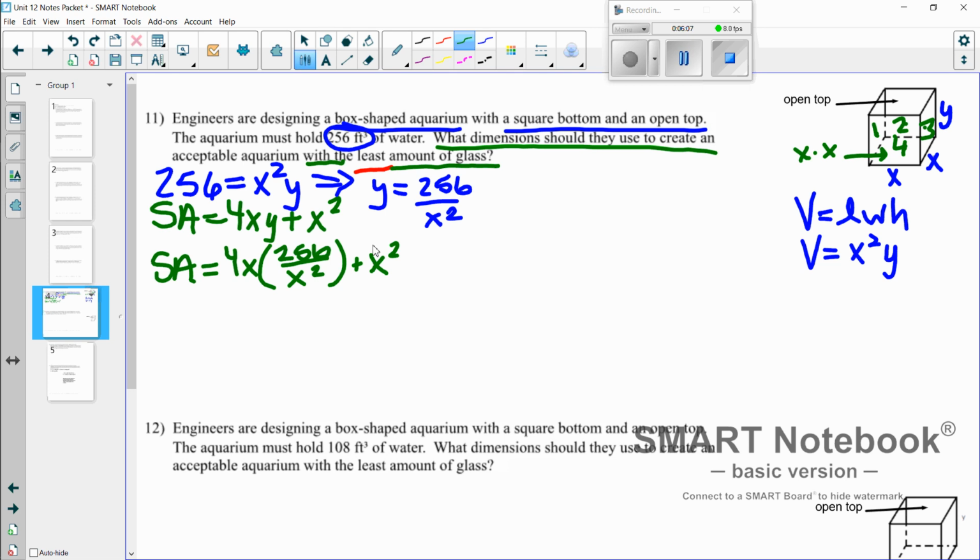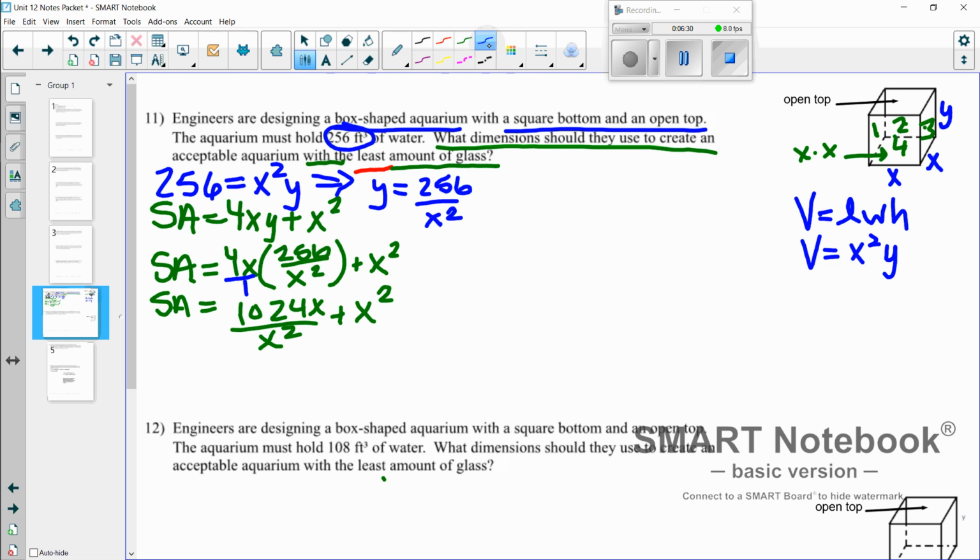So hopefully you see what's going to happen already is that 4x is going to combine onto the top, right? We could really write this over 1, do that if necessary. We're getting 1024 over x squared. Sorry, 1024x over x squared, right? 4x times 256, then plus x squared.